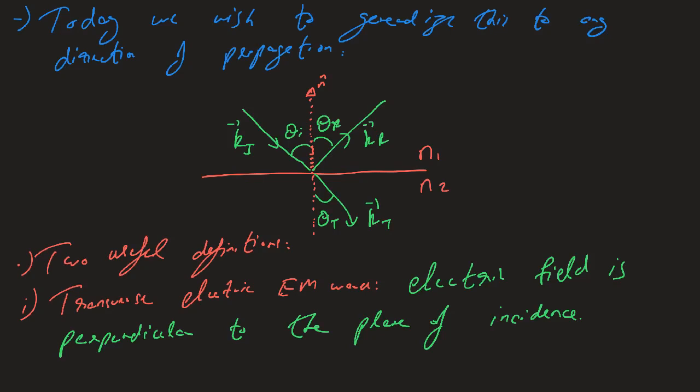If the electric field is in the same plane, that's transverse magnetic, which we'll introduce now. Light in which the electric field points perpendicular to the plane of incidence is called TE polarized EM waves.